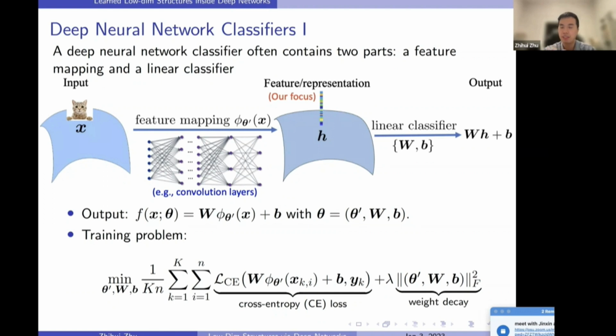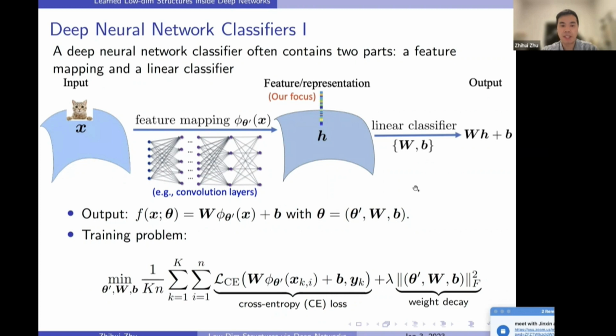They share similar structures in the sense that they are layer-wise structures, and each layer contains an affine transformation, and then we have another layer on top of the previous layers. Each layer could be a fully connected layer, as in Sam's talk, a convolution layer, or a transformer.